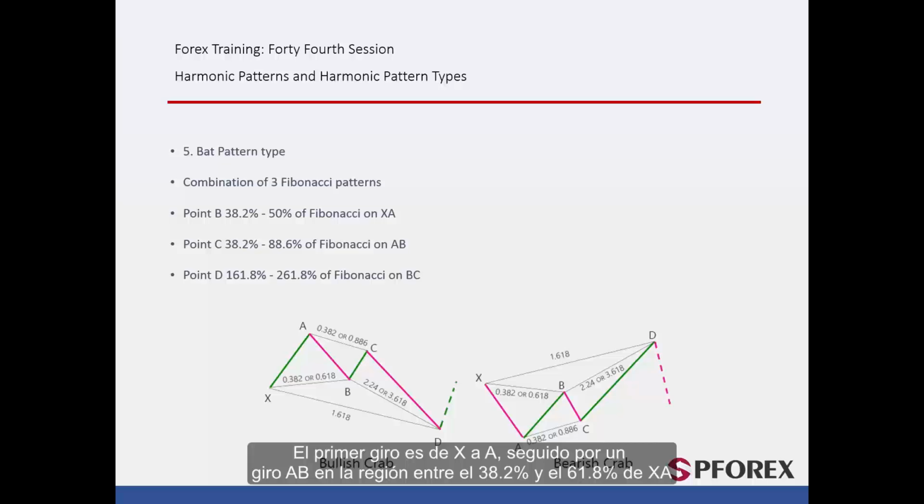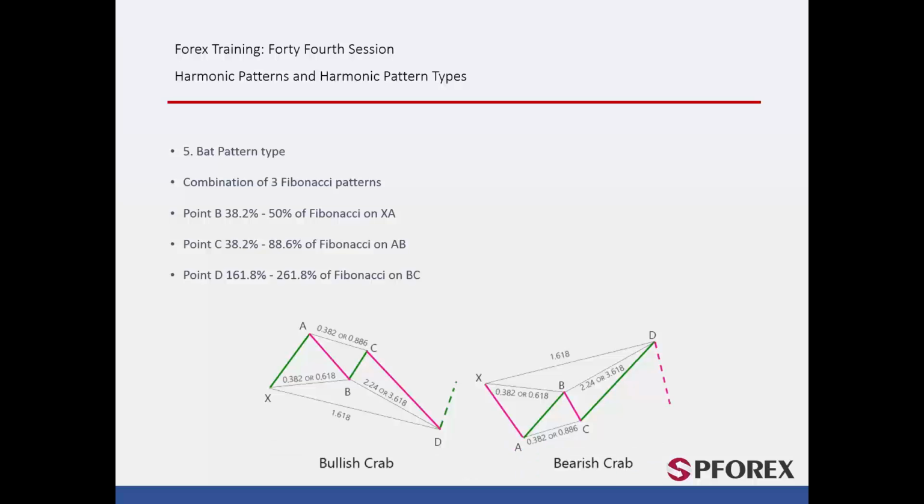The first swing is from X to A, followed by an AB swing in the region between 38.2% and 61.8% of XA. The BC swing, with opposite direction to AB, is in the area between 38.2% and 88.6% of AB. Another reverse swing, CD, is over 224% and less than 361.8% of BC.